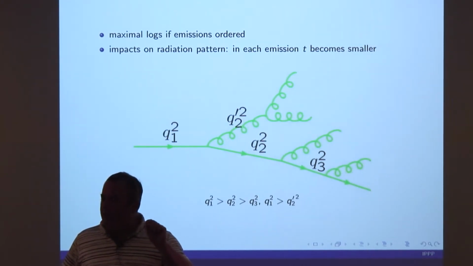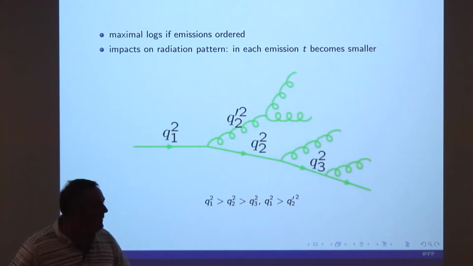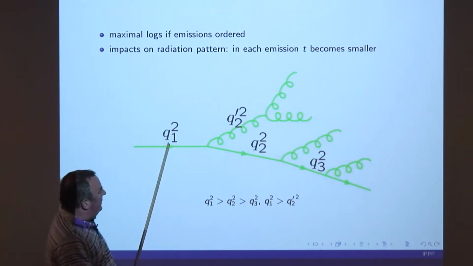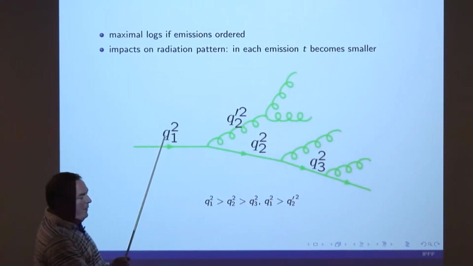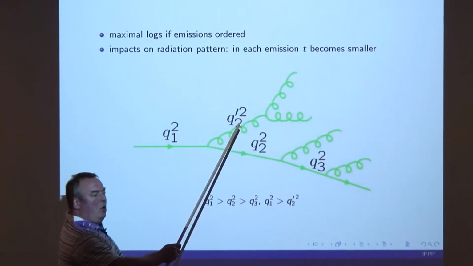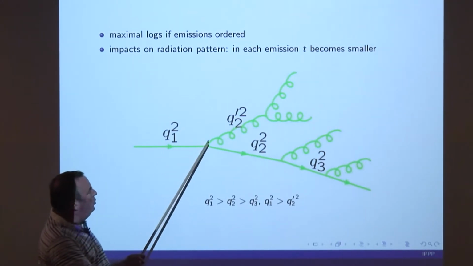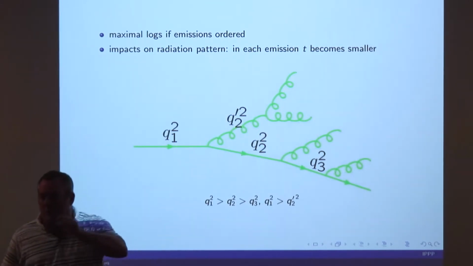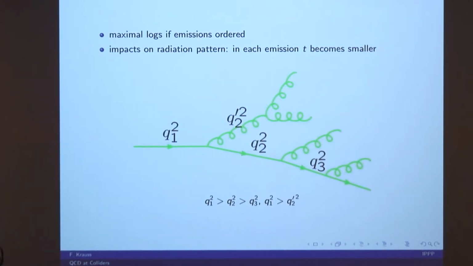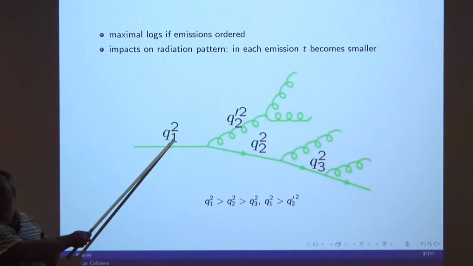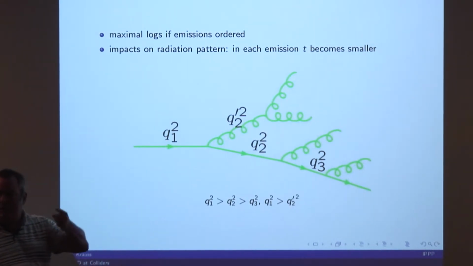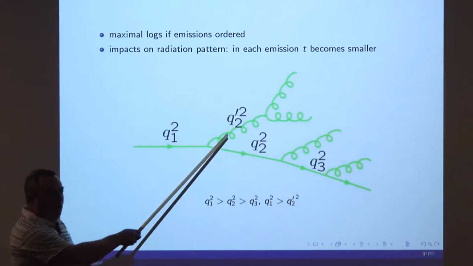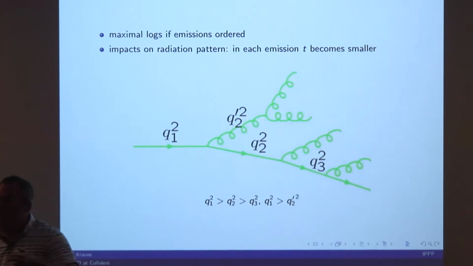If you do this ordering in scale, this is how you get the maximal logs, because if you use q1 squared as the upper limit of q2 squared, you get something that looks like log q1 squared, but you integrate over q1 squared. And that's how you get the maximal number of logs by ordering. If you break the ordering, you start dropping logarithms.